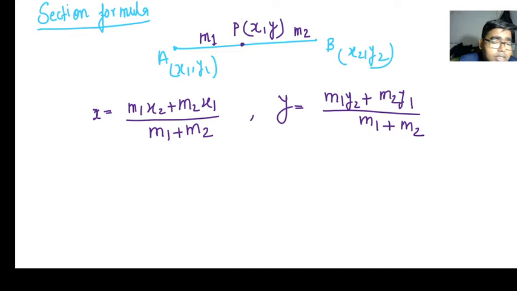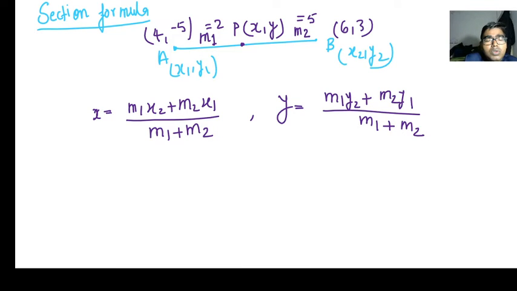Now suppose that point A is 4 comma minus 5, and point B is 6 comma 3. They are dividing this line in the ratio of 2 is to 5.